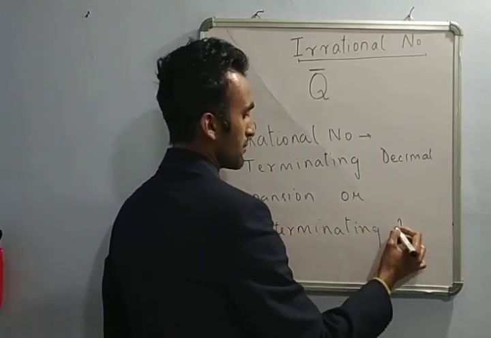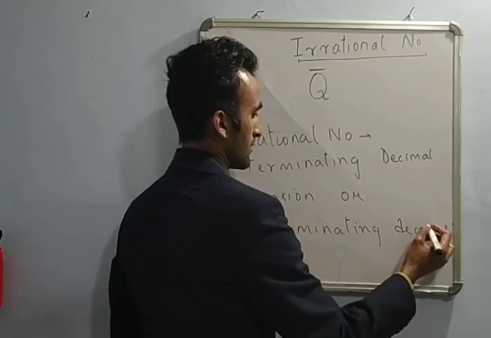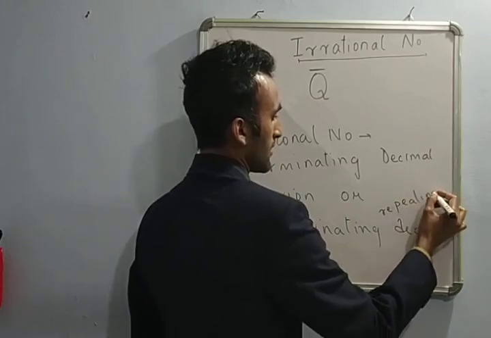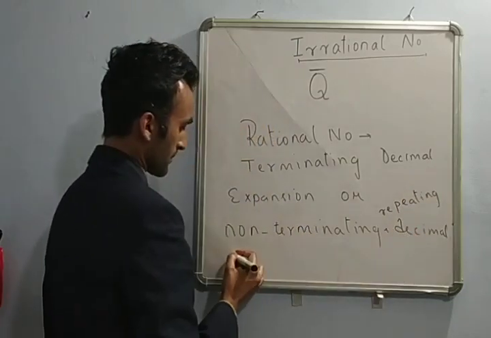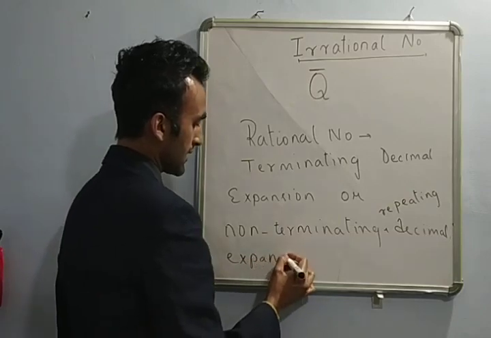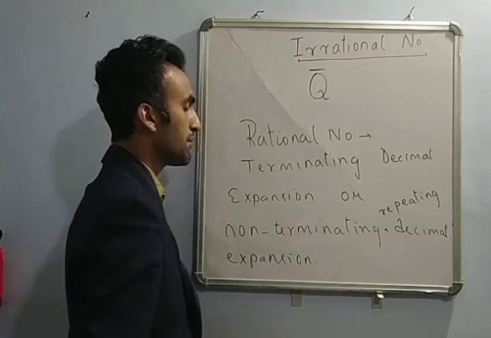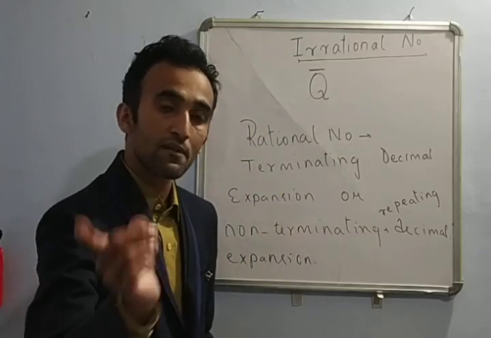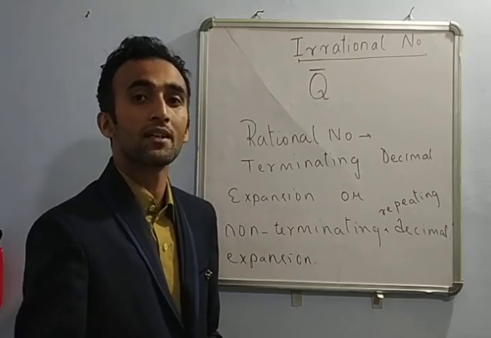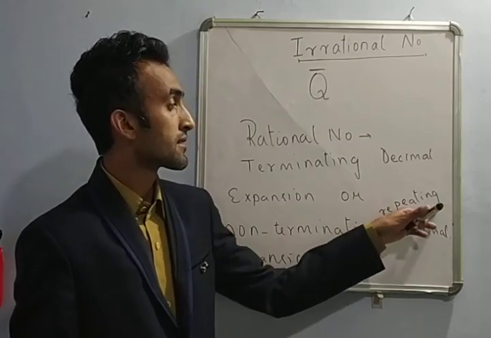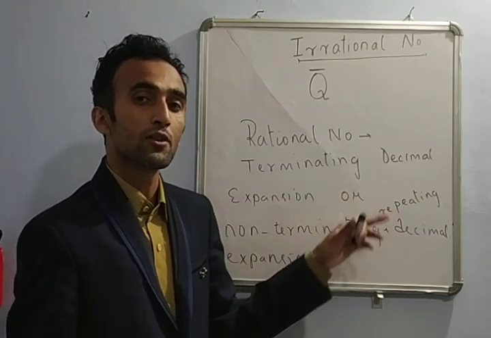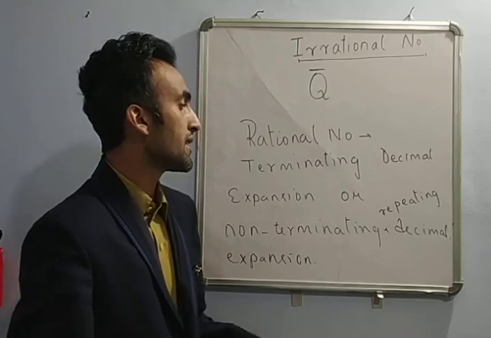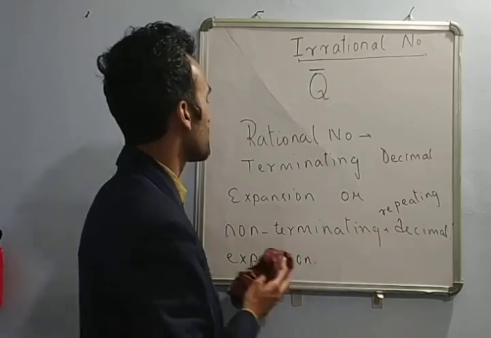Non-terminating, repeating decimal expansion. Remember, this is for rational numbers. In the division process, it will end. And if it doesn't end, it will repeat after certain steps of division. You will see that the numbers start repeating. So if it doesn't terminate, it will repeat. That is for rational.